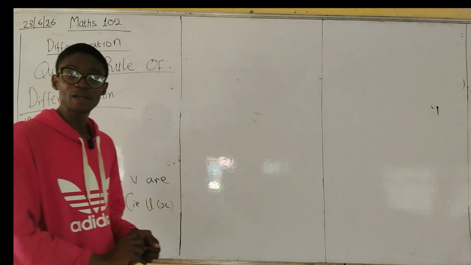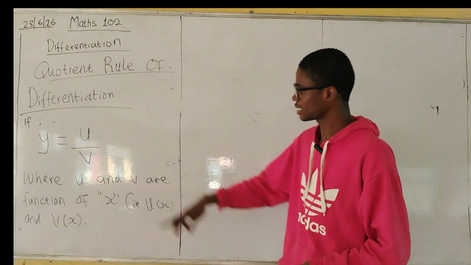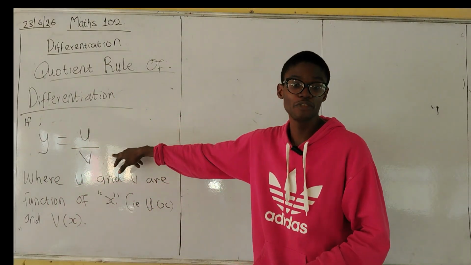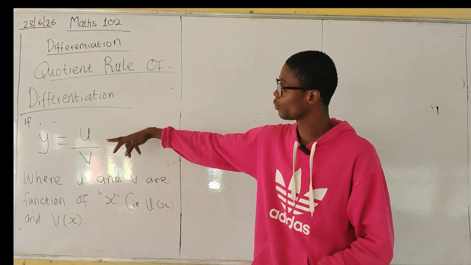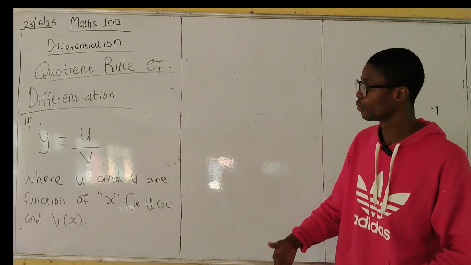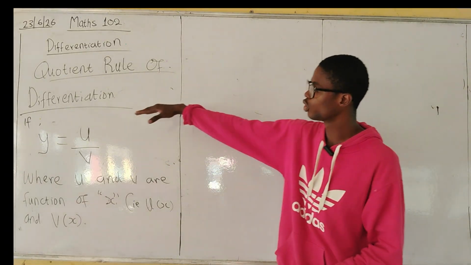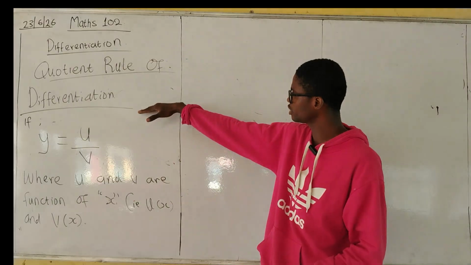So y is defined by two functions of x, such that u is dividing v, and we want to find y prime or dy dx. Thus we differentiate using the quotient rule.